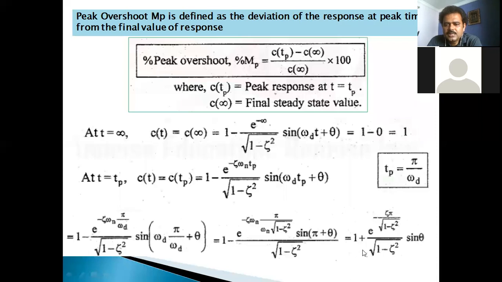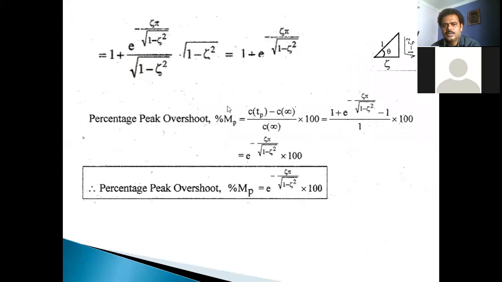Finally, you will get something like this: 1 plus e to the power of minus zeta pi by square root of 1 minus zeta square, divided by square root of 1 minus zeta square into sin theta. Please note down this. This is for t equal to tp.